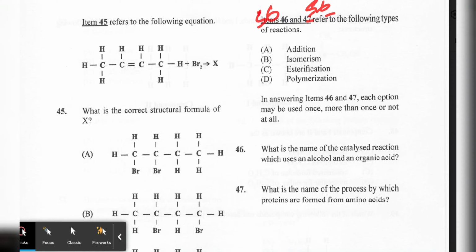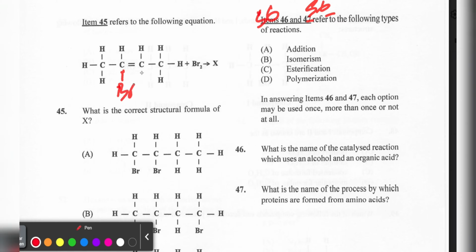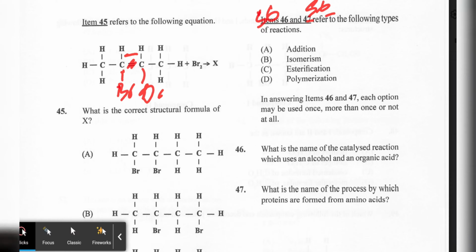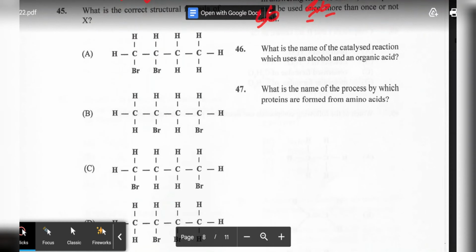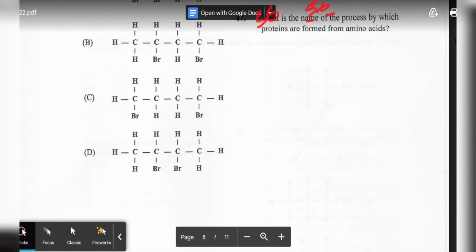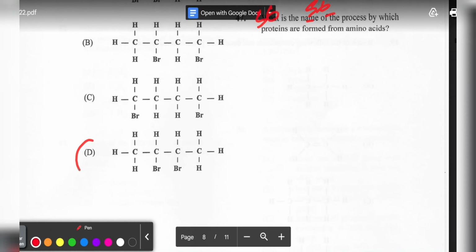So if you remember now, alkenes undergo addition reaction. So the bromine is basically going to be added across here like that. The double bond will break. Pay attention to that. The double bond breaks and you get the bromine added across the molecule like that. So the structure which best looks like that is this one here, D. So D is our answer. Okay.